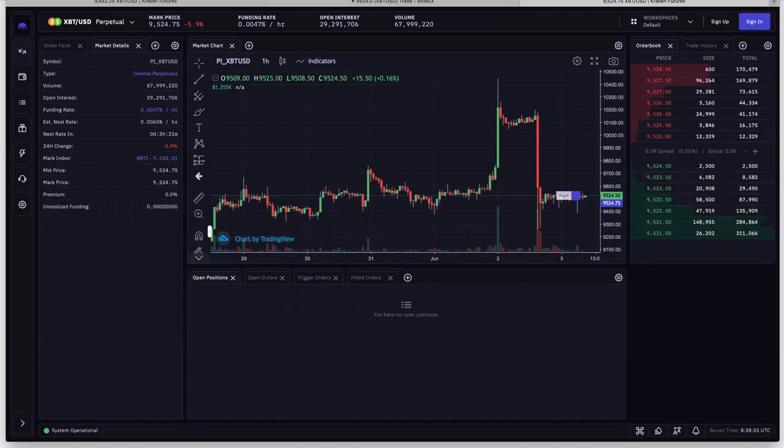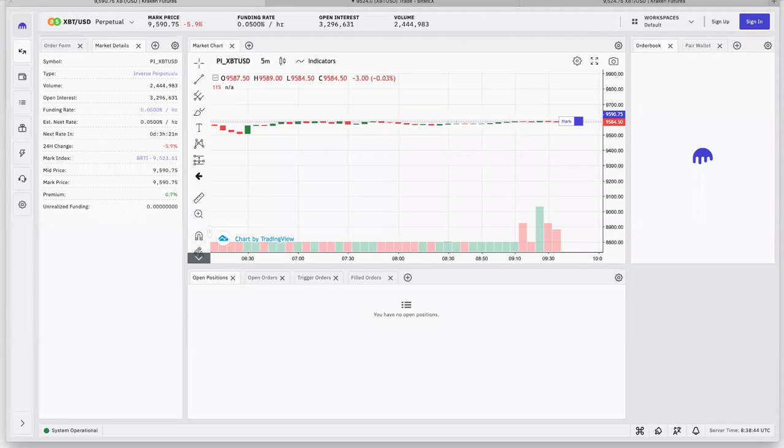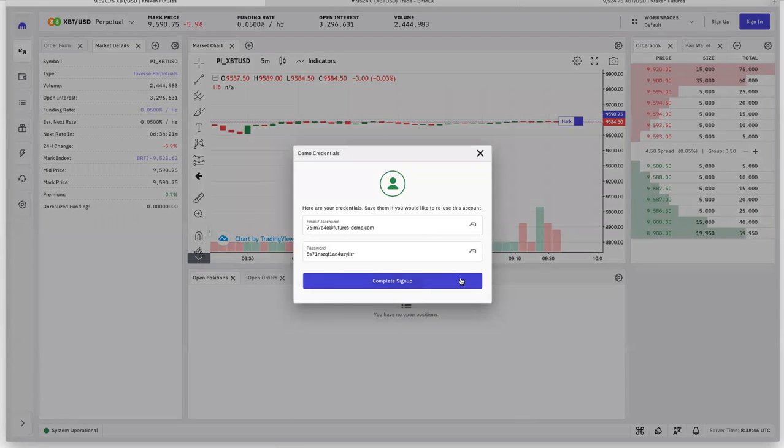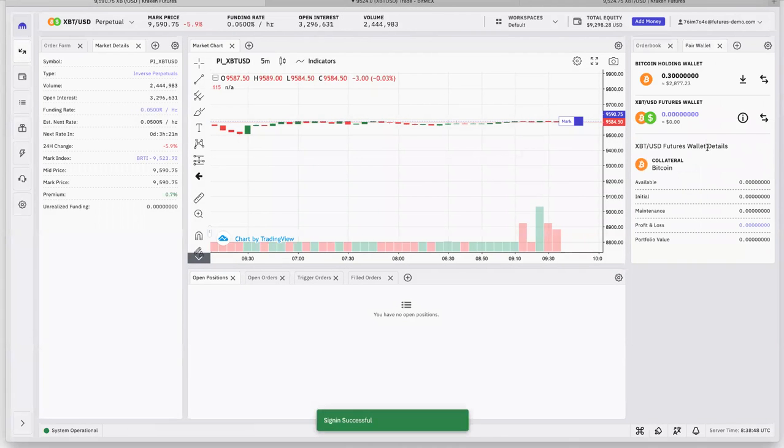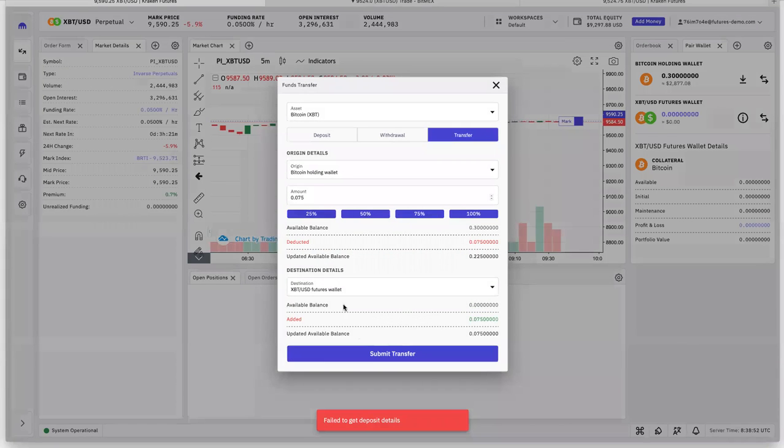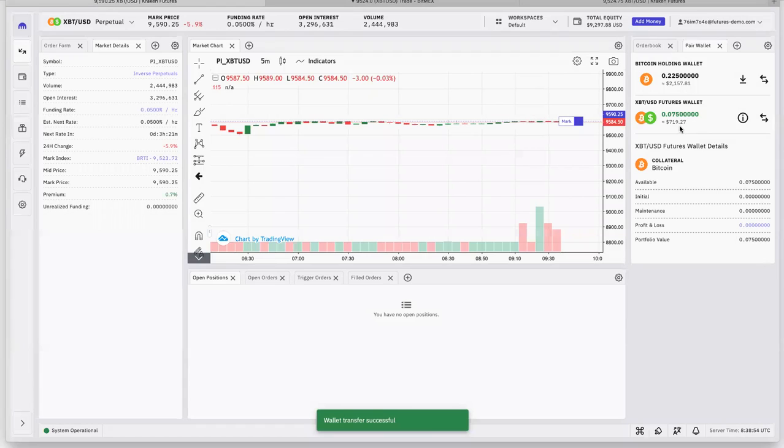Again, we talked about those different wallets yesterday, about how in the holding wallet, those funds are not being used for a position and therefore not at risk, compared to the futures wallet, where all the funds are being used as open position and are at risk. And it's from that wallet which the funding rate would be deducted. So if you have any money in your holding wallet, it will not be affected by the funding rate.